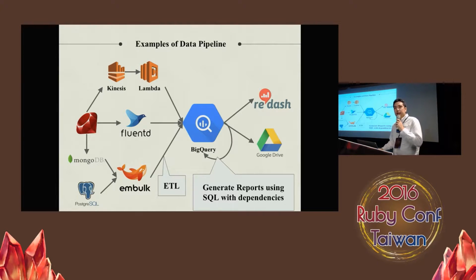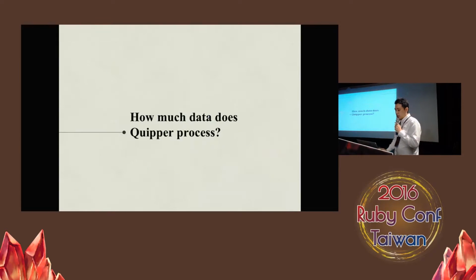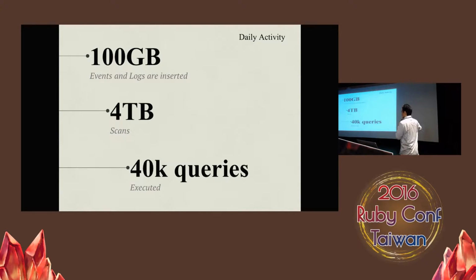Okay, next, I'll explain how much data Quipper processes. Here are some figures. This is per day activity. Currently, we are collecting 100 gigabytes of events and logs into BigQuery, scanning 4 terabytes per day, and over 40,000 queries are executed.